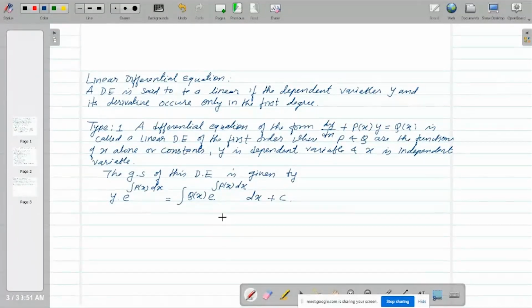So this is the general solution of this type of differential equation.